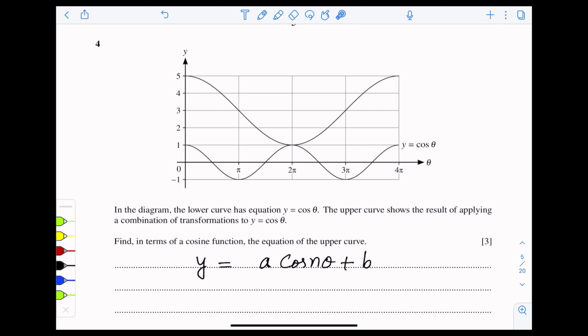तो वी गेट द इक्वेशन ऑफ द अपर कर्व। वी नो दैट सबसे पहले हमने देखना है कि मैक्सिमम और मिनिमम पॉइंट क्या है इस कर्व के। तो क्लियरली minimum point of the upper curve is this.